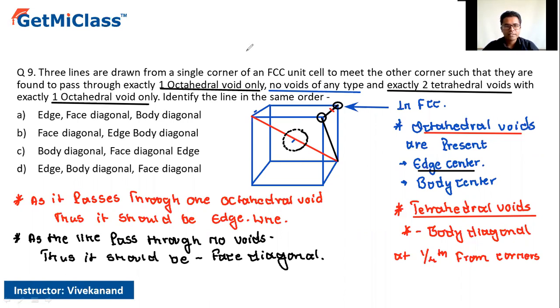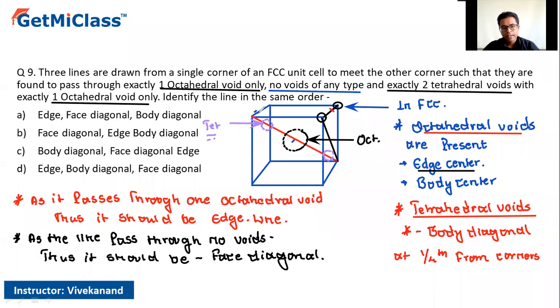Okay, so let's take this. This is a position of octahedral, right? Now, secondly, what we know is that at 1/4 and 1/4 positions, we have the presence of the tetrahedral voids. So these are going to be the tetrahedral, right?